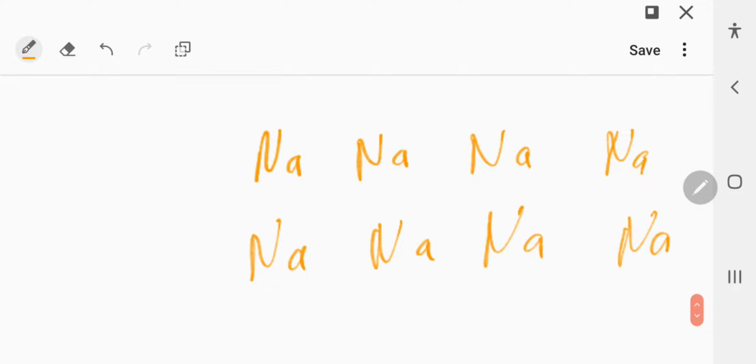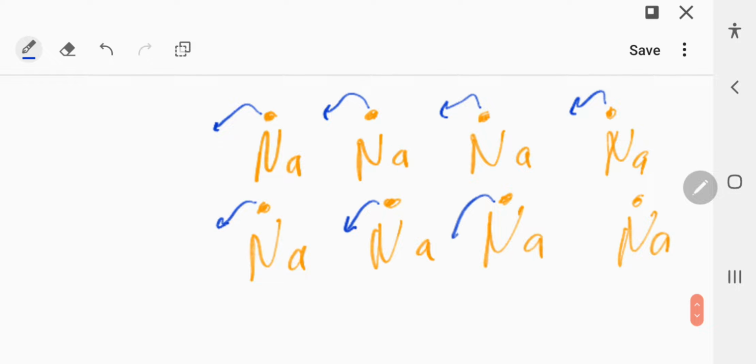And each one contains one valence electron, as you know. So what happens here is that electrons move from the orbitals of the atom to be free to move around.